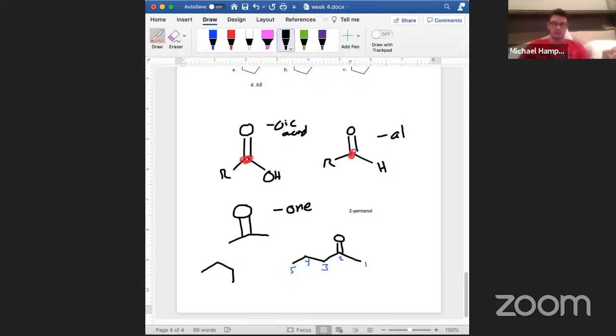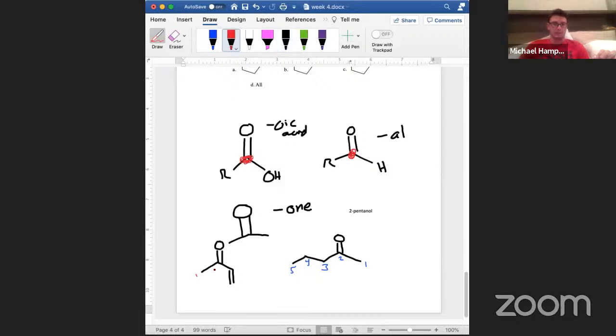So if you were to be given this, a double bond and a ketone, your ketone wins. If your ketone wins, would we start numbering from the bottom or from the left? So with this, if your ketone wins, yeah, from your left.